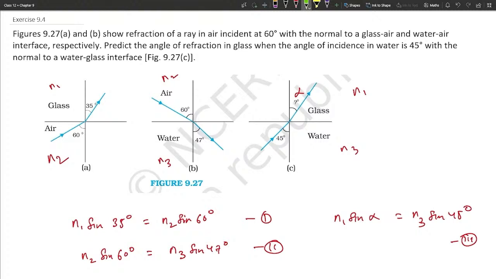So we will use Snell's law over here. Here for convenience I have taken the refractive index of glass as N1 and refractive index of air as N2 and refractive index of water as N3. Now let's revisit Snell's law.